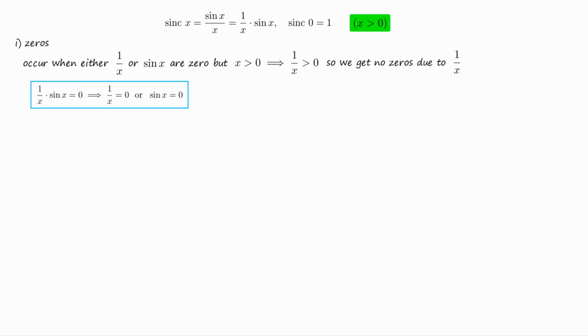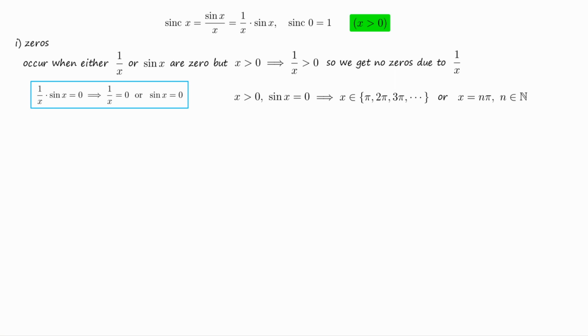And so we get no zeros due to 1 over x, and that's because the equation 1 over x equals 0 has no solutions for x greater than 0. On the other hand, if x is greater than 0, then sine x equals 0 when x is pi or 2 pi or 3 pi, and so on.